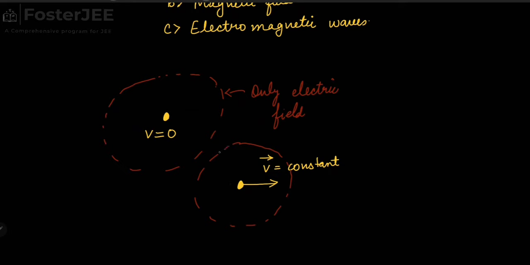Now, the direction of the magnetic field can be determined after studying the magnetism chapter, but for the time being we will say that it creates some magnetic field also. That is, this is our electric field and this is our magnetic field.